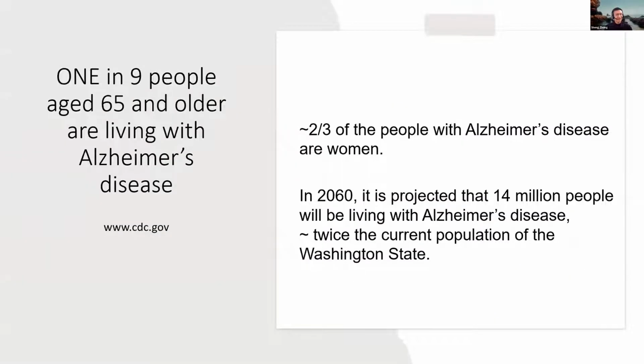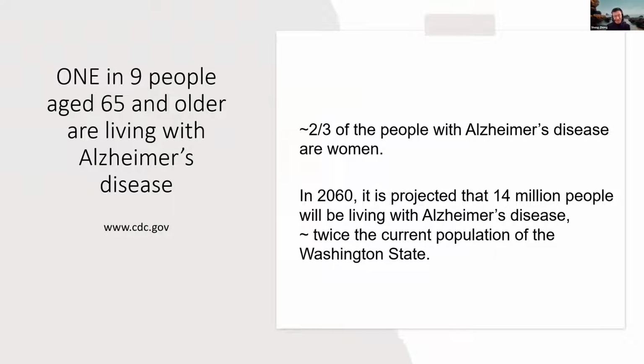And with that, I wanted to get into Alzheimer's. 1 in 9 people who are of age 65 or older are living with Alzheimer's disease. Unfortunately, 2/3 of these people who live with Alzheimer's disease are women. In 2060, by the time that the audience here become elderly, it is projected that 14 million people will be living with Alzheimer's disease.